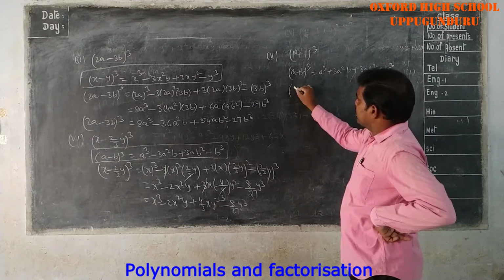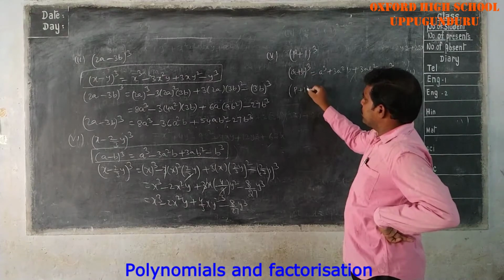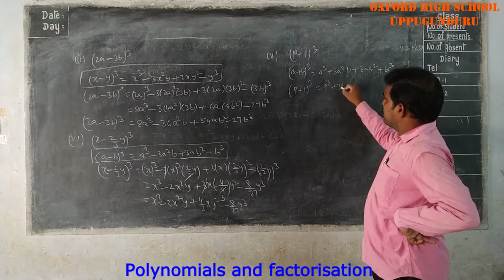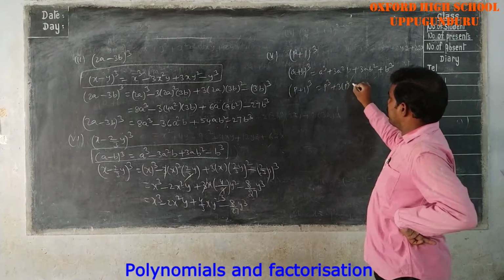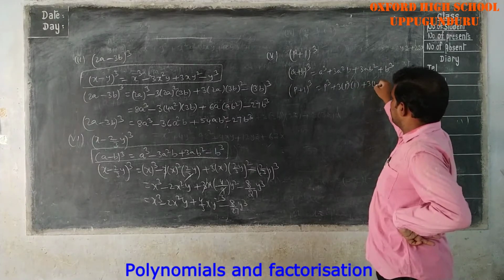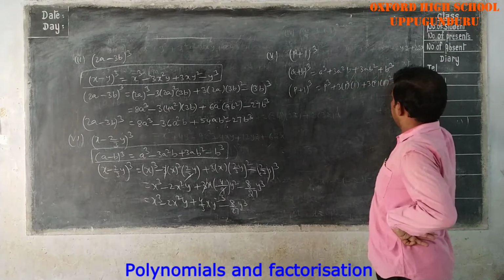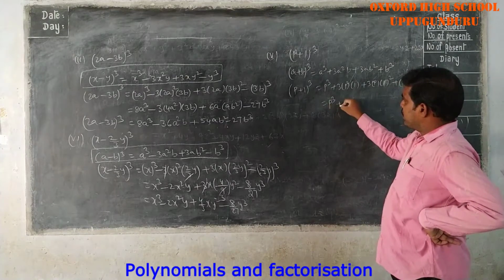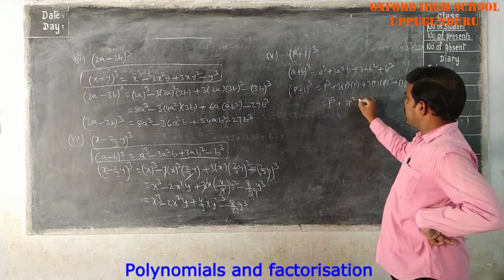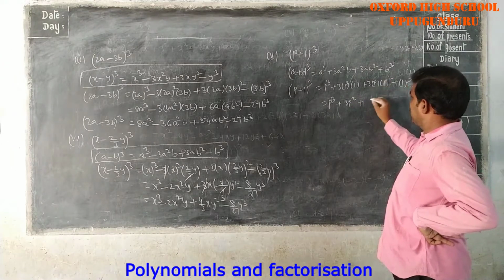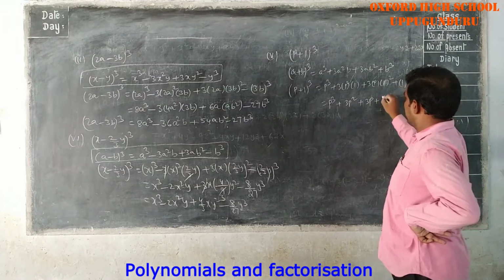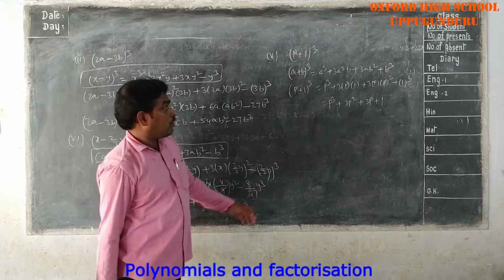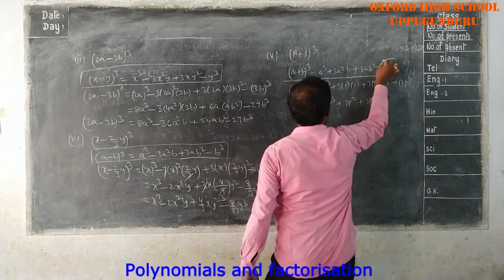So in place of a you have to substitute p, in place of b you have to substitute 1. p plus 1 whole cube equals p cube plus 3 into p square of 1 plus 3 into p into 1 square plus 1 cube. p cube only, plus 3p square into 1, 3p square, plus 1 square is 1, 3p into 1, 3p, plus 1 cube is 1. So in this way you can expand this p plus 1 whole cube using this identity a plus b whole cube.